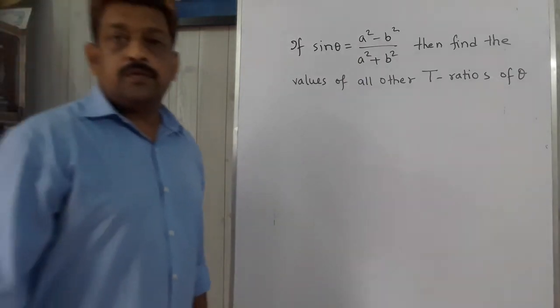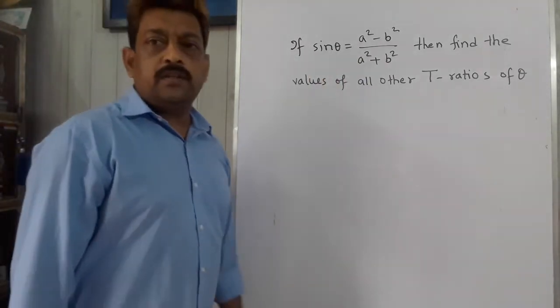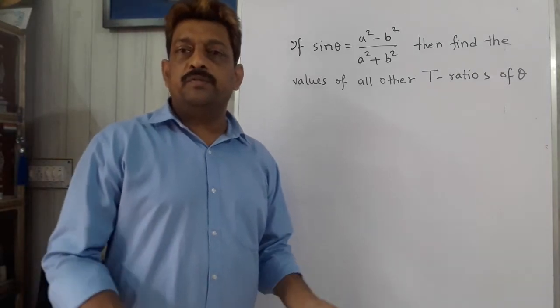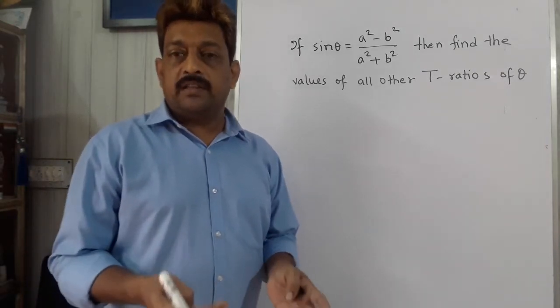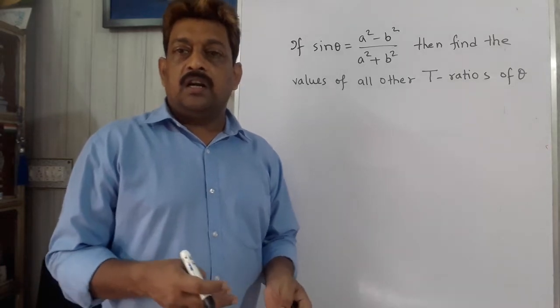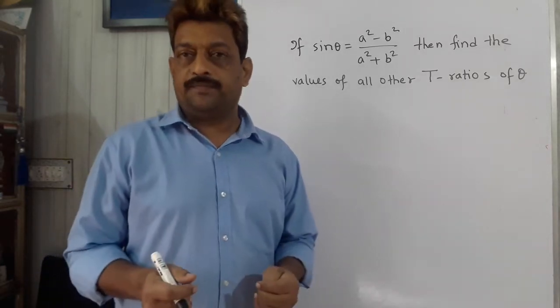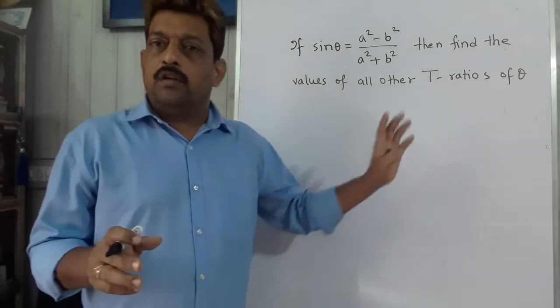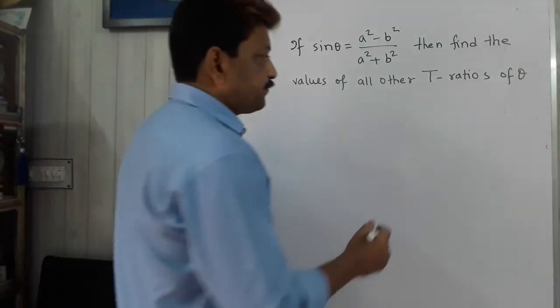Okay, so here the value of sin theta is given. We have to find the value of all other trigonometric ratios, meaning cos theta, sec theta, cosec theta, tan theta and cot theta. Okay, so as usual, first of all we have to draw one triangle.